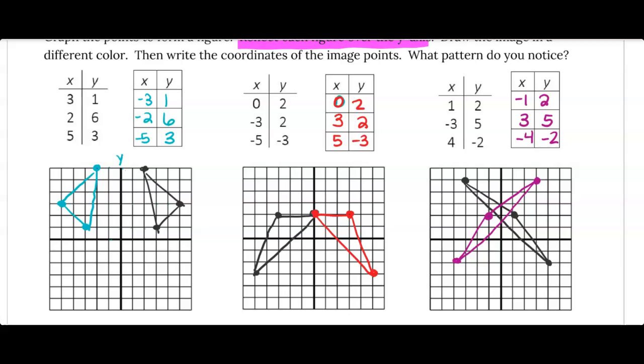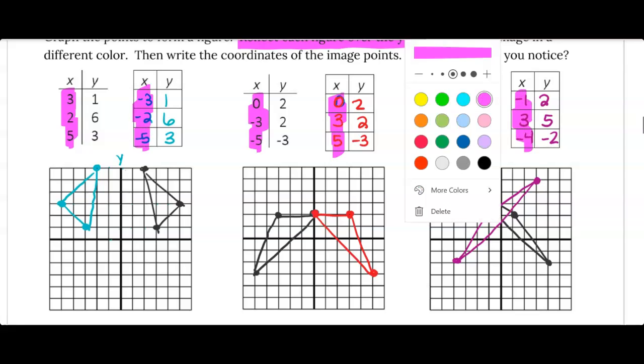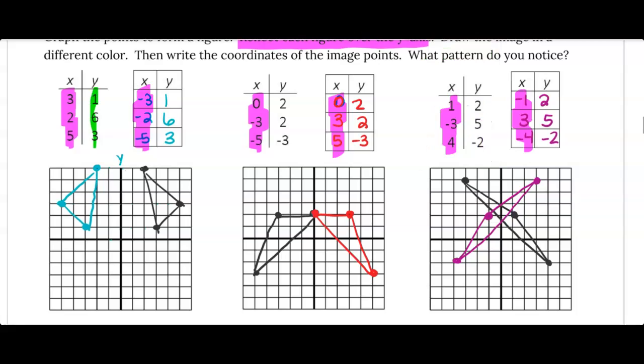That last triangle was a little hard to draw, but as you can see, your new coordinates are negative 1, 2, 3, 5, and negative 4, negative 2. So when you're looking at your graphs, you see that now your x values are changing while your y values are staying the same.